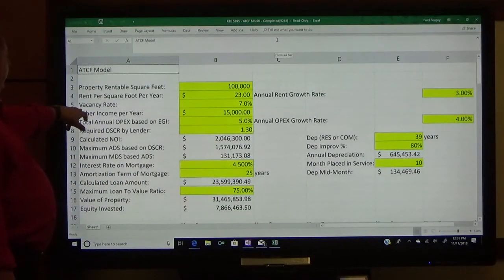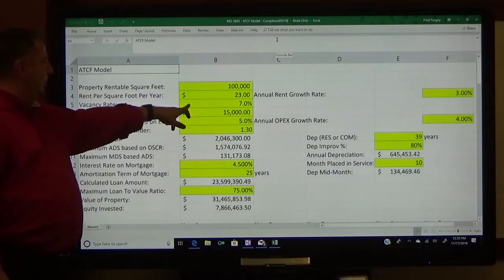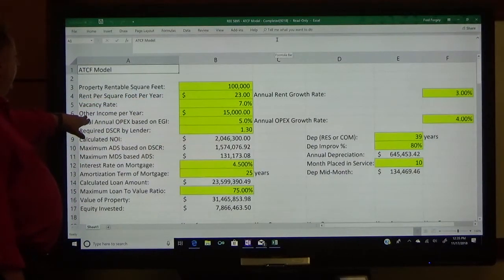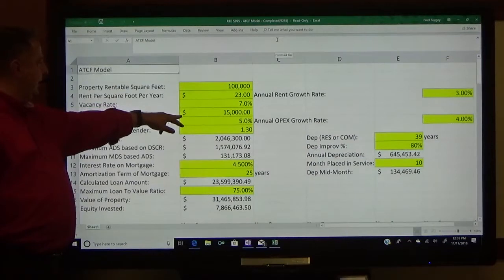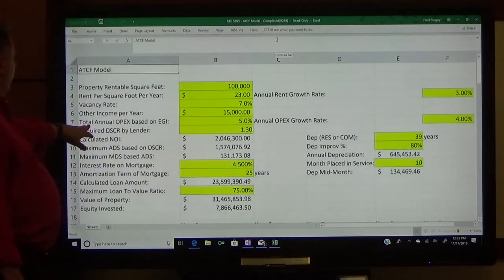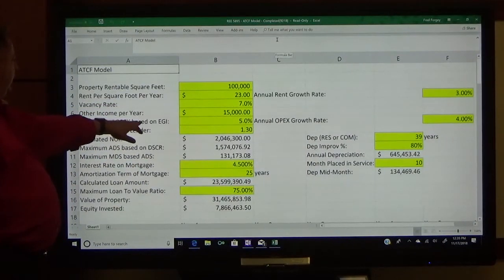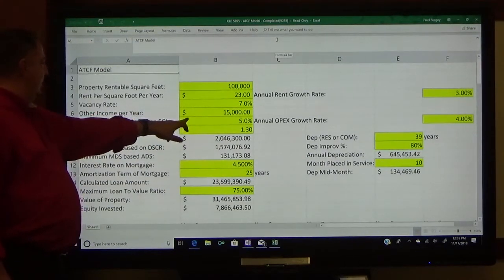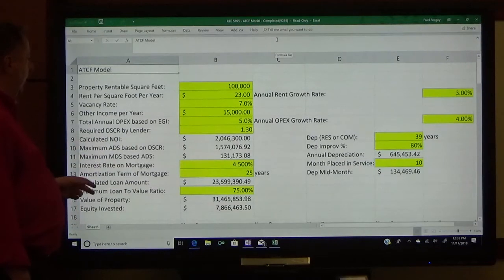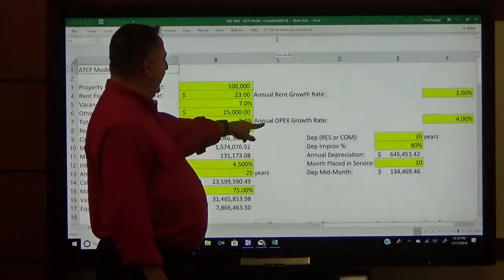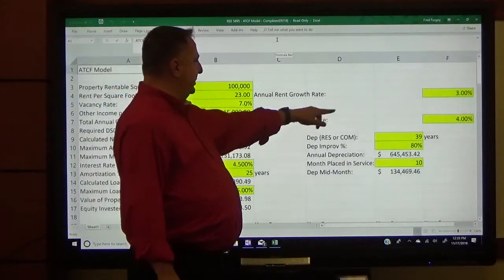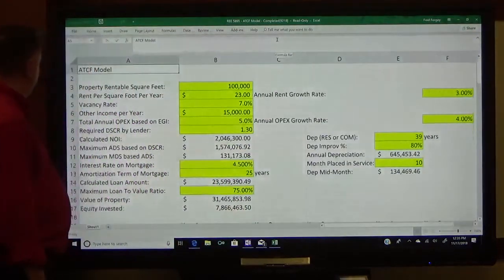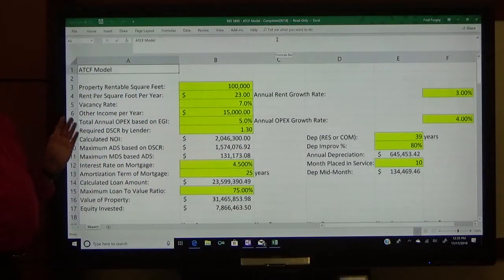Then we have the vacancy rate, vacancy and collection losses, in this case 7%. Other income for the property per year of $15,000, and then total annual operating expenses based on effective gross income of, in this case, 5%, which is pretty low. But we have a growth rate attached to annual operating expenses of 4% per year. Okay. Everybody good so far? Nothing new here. This is all just review.